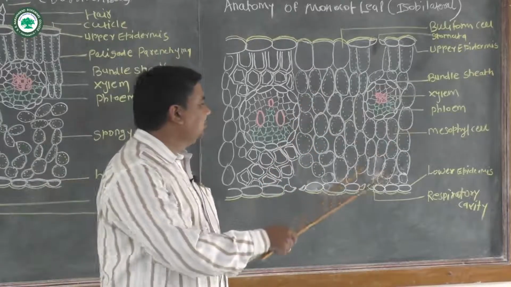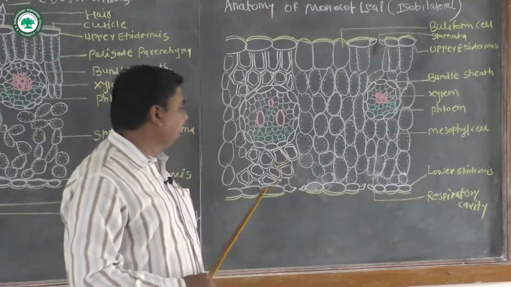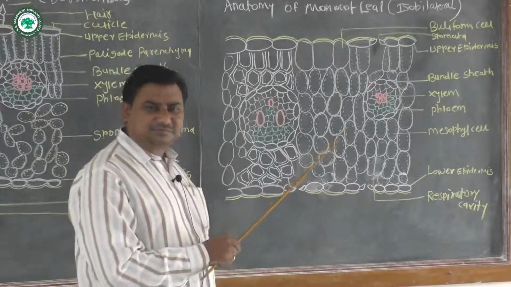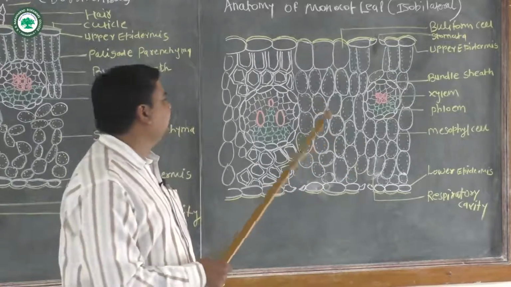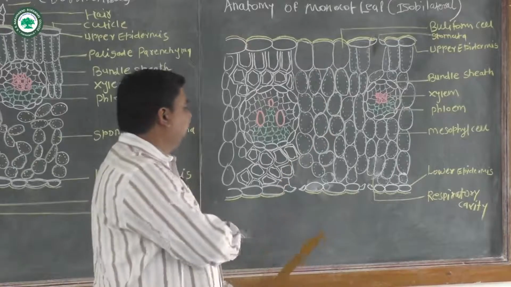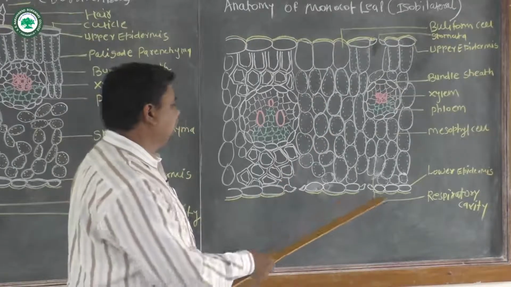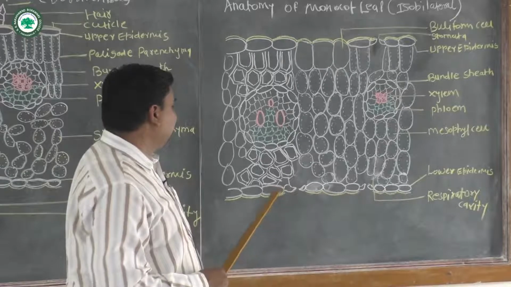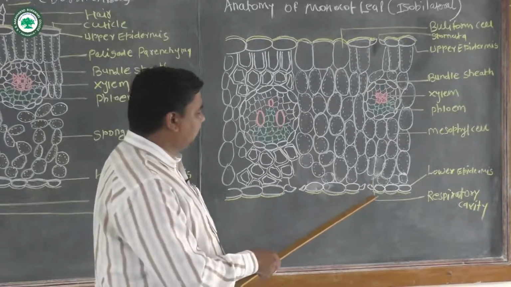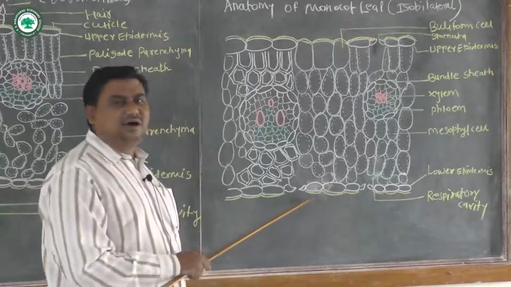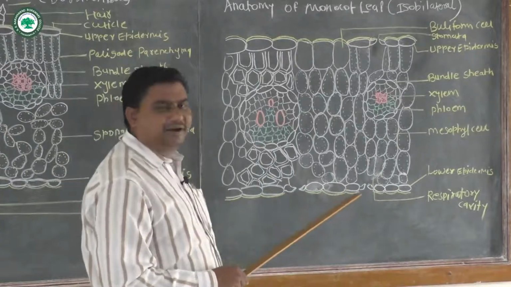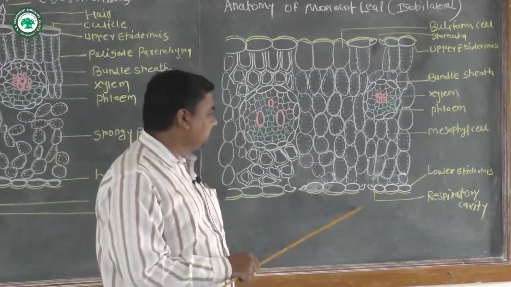Here the total mesophyll consists of parenchymatous cells having an abundant quantity of protoplast. Then again this is the lower epidermis, and here also there is a thick walled cuticle, and again it checks the rate of transpiration.